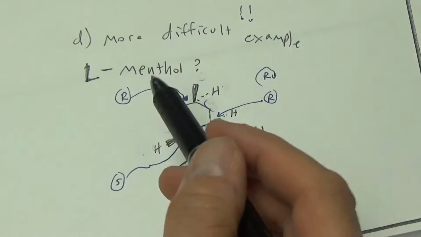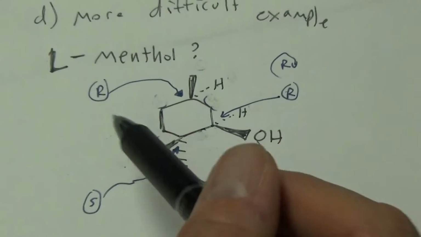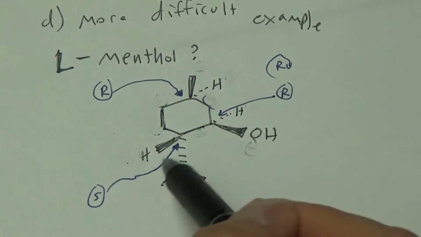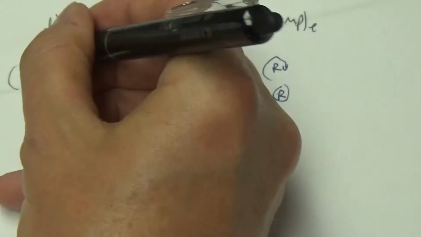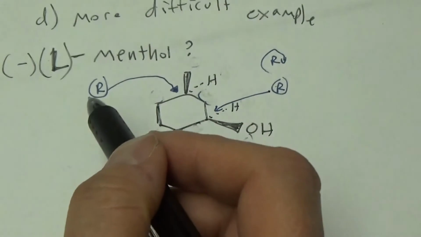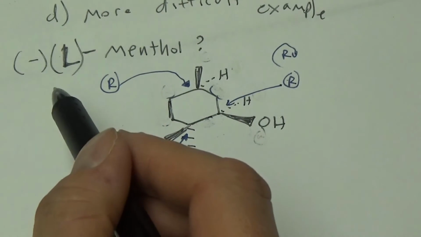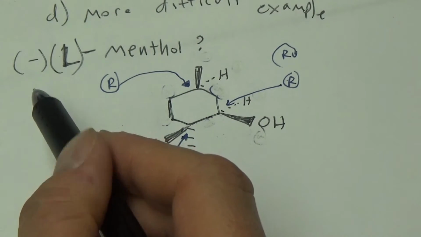L-menthol. What does the L mean? L has nothing to do with R and S, right? L is the same as minus. What does minus mean? Minus means it rotates light to the left. So it's levorotatory.